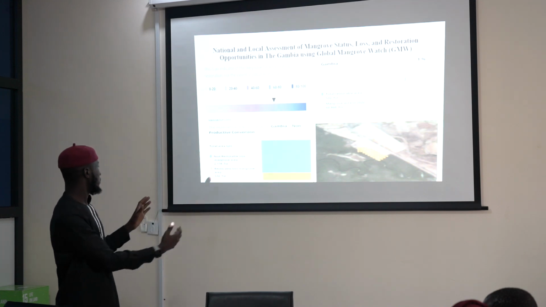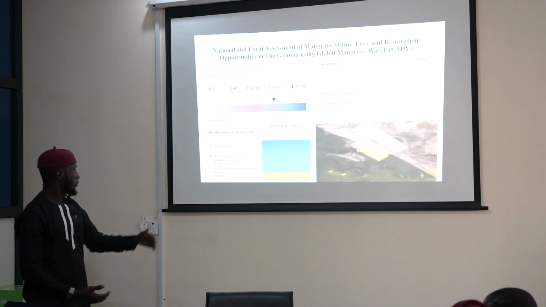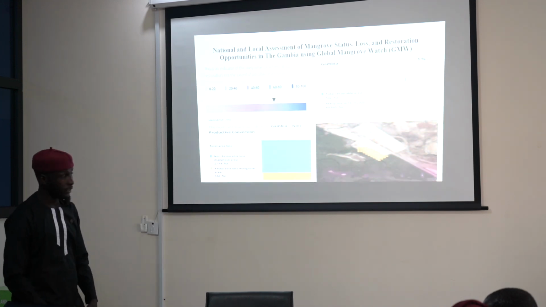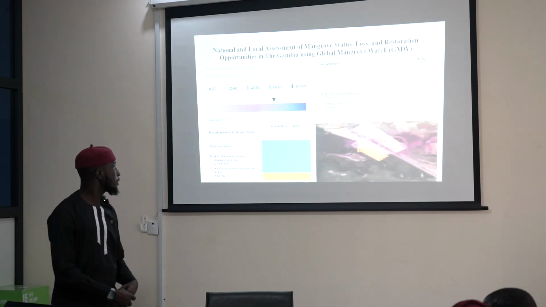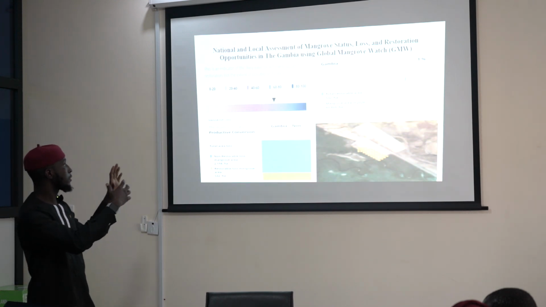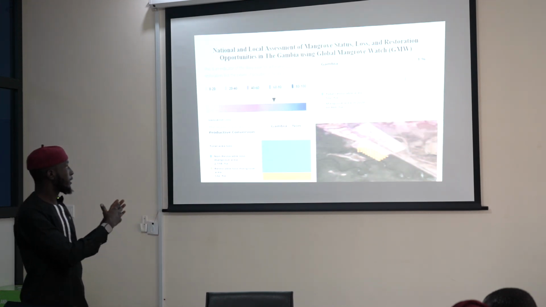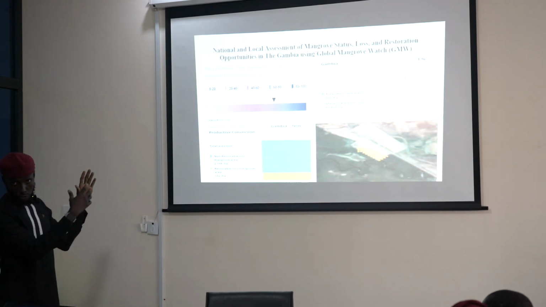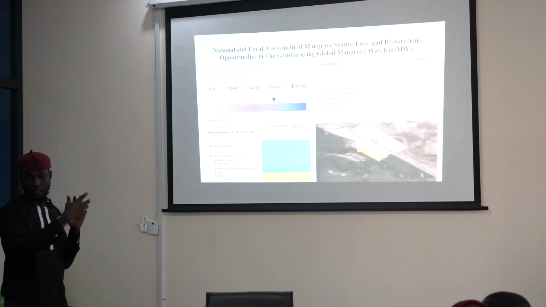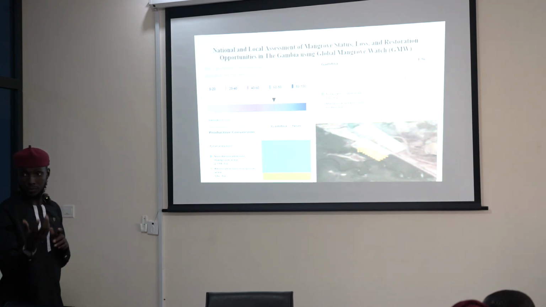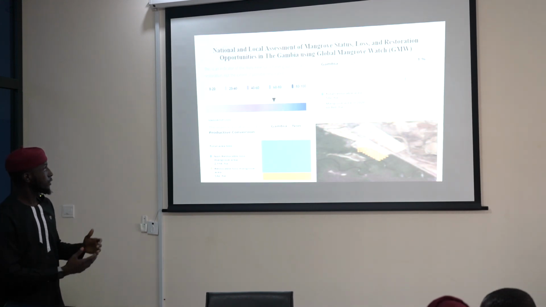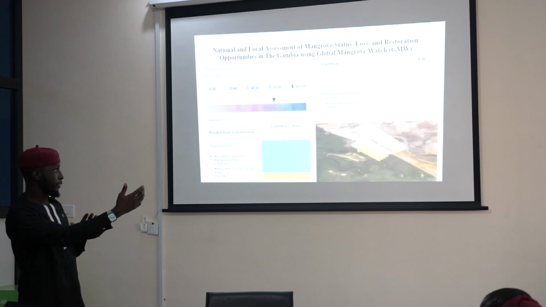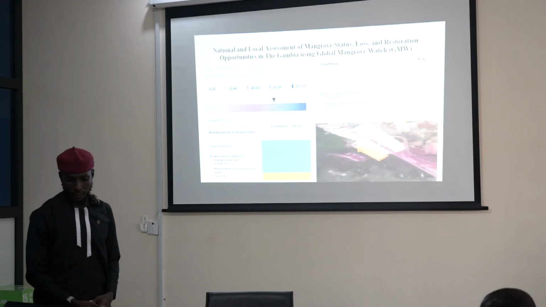Some sites which are restorable number 532, based on the analysis in the Global Mangrove Watch. When we talk about whether we will achieve success if we embark on any restoration practice, we still have a chance of around 70% of succeeding in that venture.